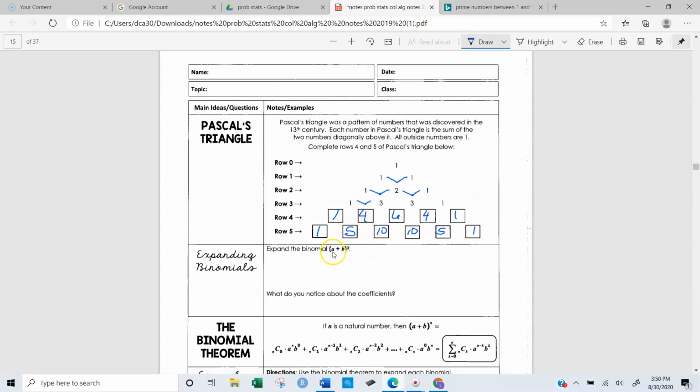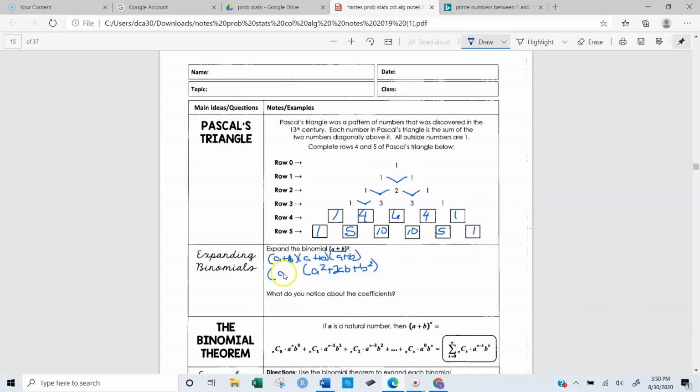Now we can use this to cube a plus b without doing all the work. So before, you would have had to write this out 3 times: a plus b, a plus b, and a plus b. You would have squared the first two and said, hey, that is a squared plus 2ab plus b squared.